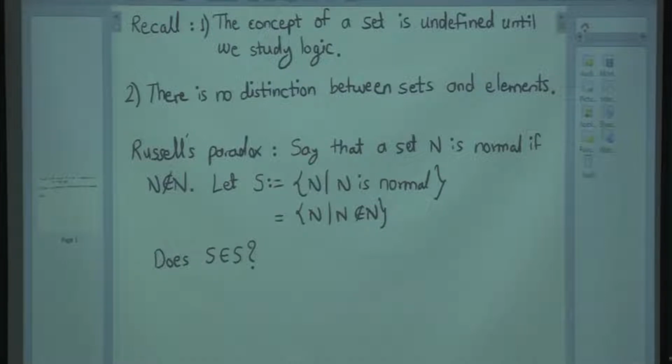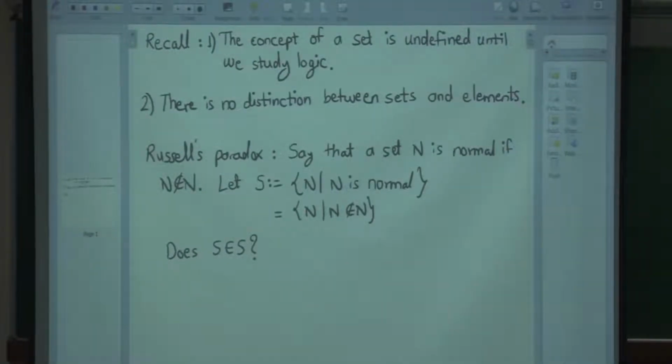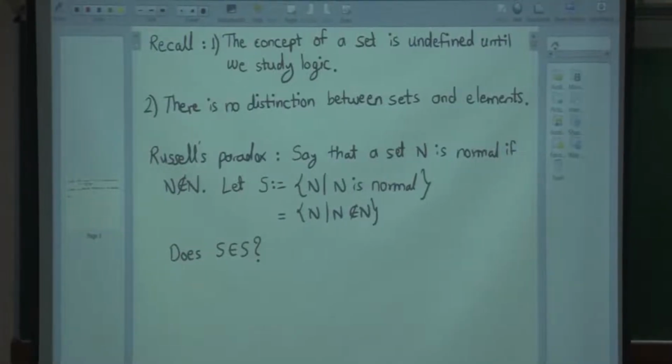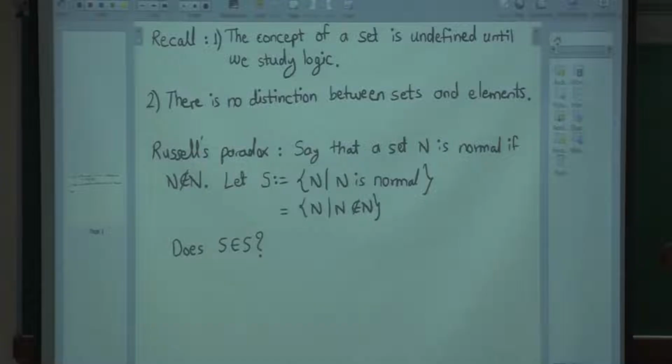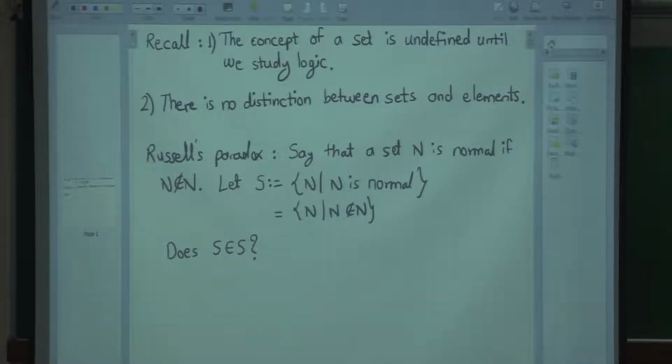I asked you to be very attentive. Can you please repeat what you just said about this paradox? If S belongs to S, then what is the property of belonging to S? That S doesn't belong to S. And if S doesn't belong to S, then S should belong to S. So, how can we resolve this paradox?